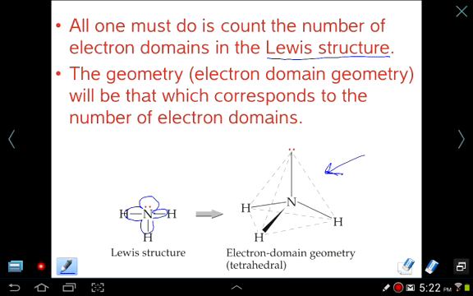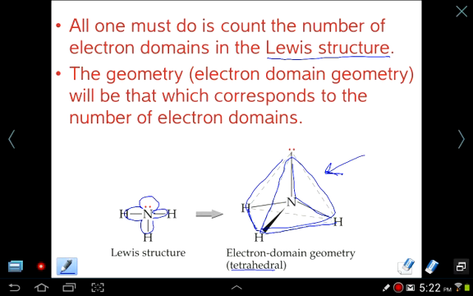And we call this tetrahedral. The reason for the name is because a tetrahedron is a 3-dimensional figure with 4 sides. It's kind of like a pyramid, but a tetrahedral type pyramid. So we have a face here, facing us, one here, one behind, and then one on the bottom.